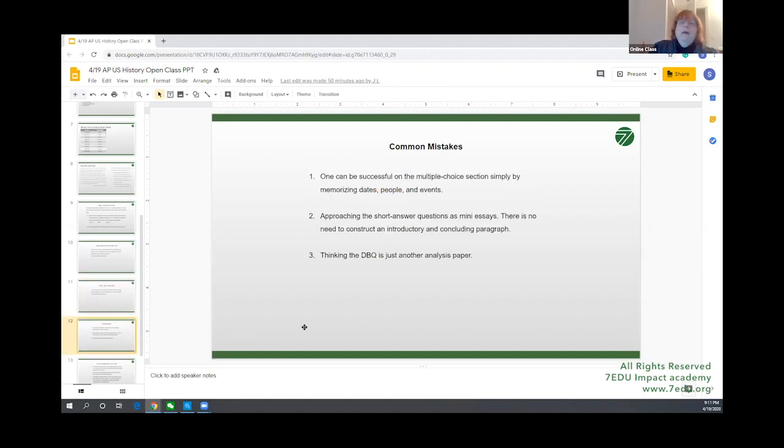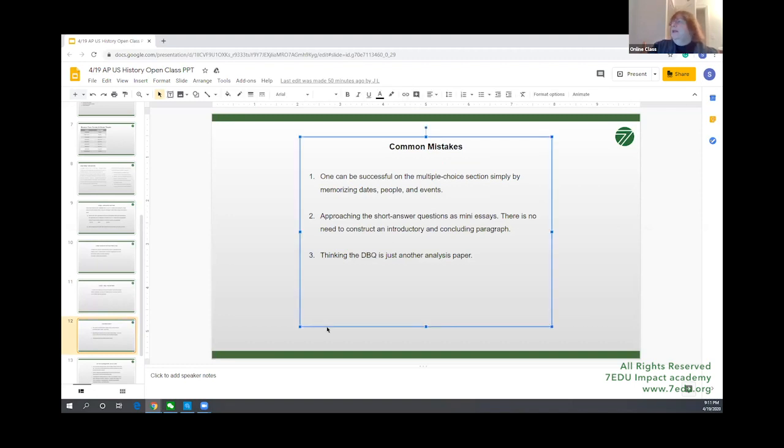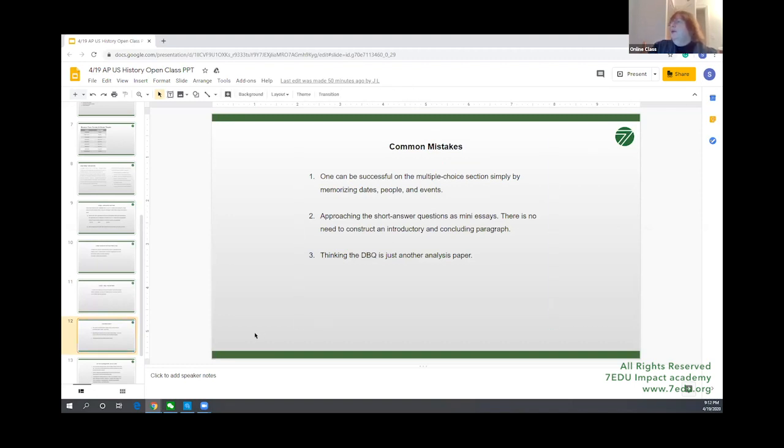Now, some of the common mistakes. One can be successful on the multiple choice section simply by memorizing dates, people, and events. We've already seen that will not work, okay? You can't just memorize. You have to be able to apply that knowledge to different situations.